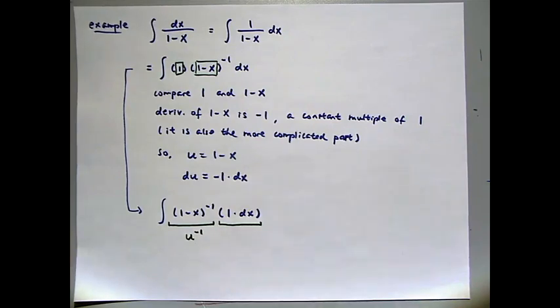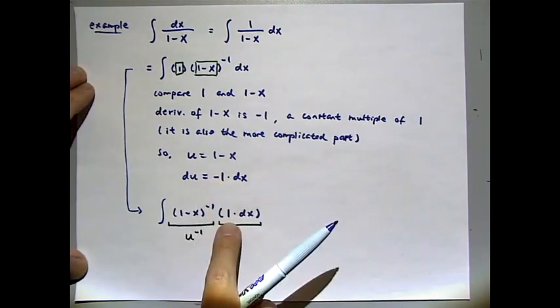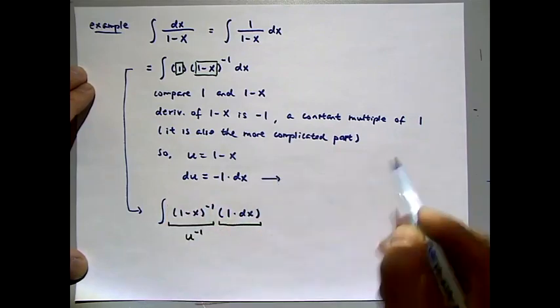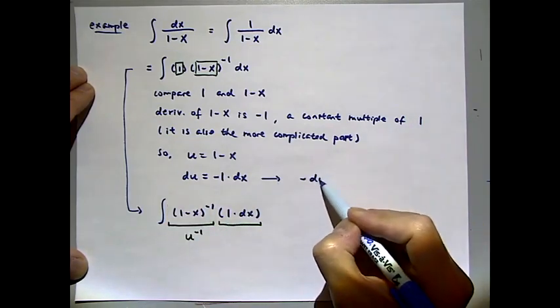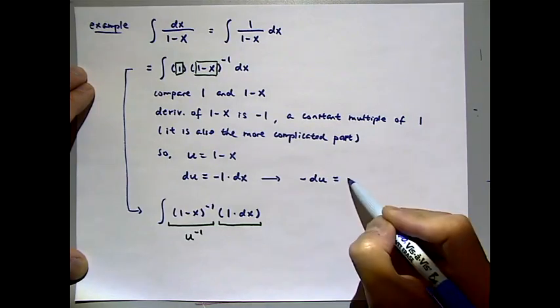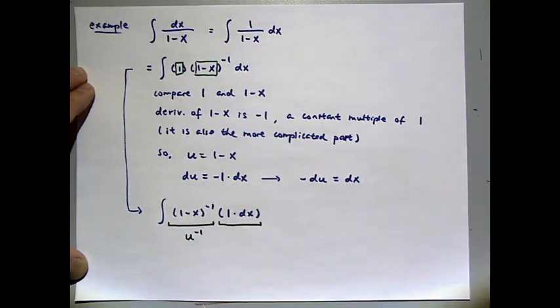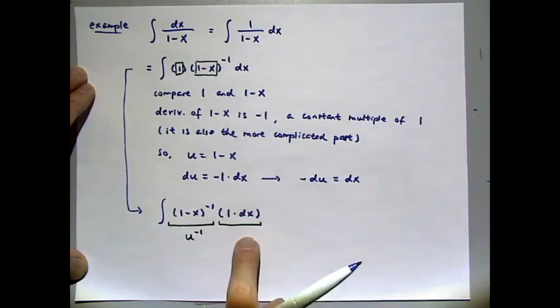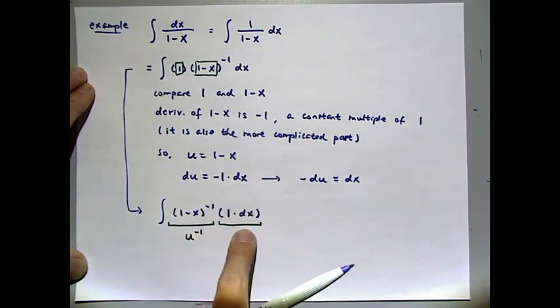What about 1 dx? What does that turn into? If I have a minus here, then I get du, but I don't. So you can adjust that by seeing that minus du is equal to dx. 1 dx, of course, is what I have, and what I would like to have is du.